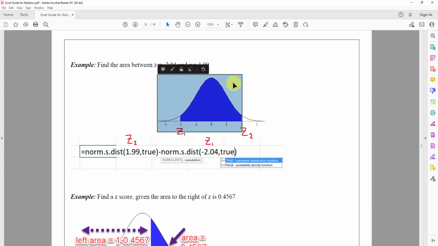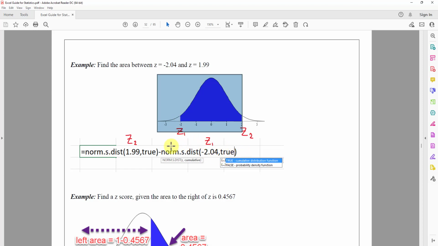Okay? And you know that this is not true because we don't want the area down here, right? Even though it gives you the area on the left side of Z2, it includes the extra area over here. We don't want that. That's why I need to subtract, and I use another standard normal distribution function to find the area on the left side of negative 2.04.